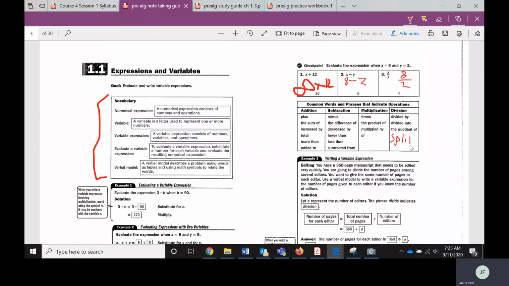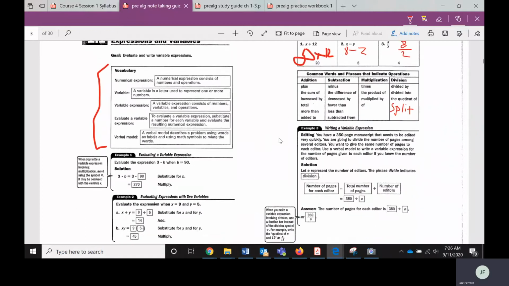So obviously, if they use the word divide, it's going to mean division. But if you're going to split a check 4 ways, if you're out at a restaurant, that means you're going to divide it up 4 ways. Okay, so there's some different words meaning adding, subtracting, multiplying, dividing. Use this as a reference when you're doing your work. When you get a test, you can use this.